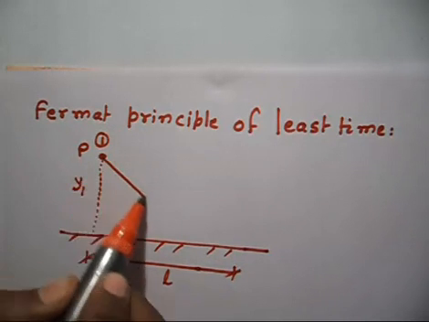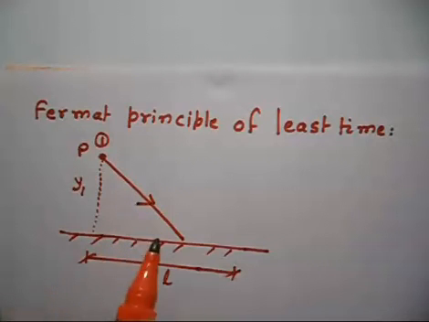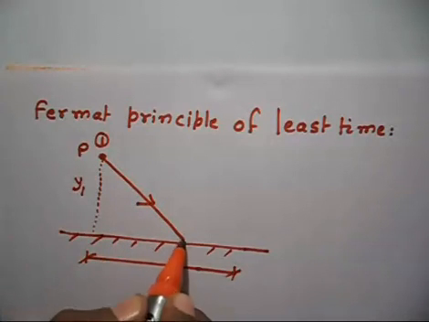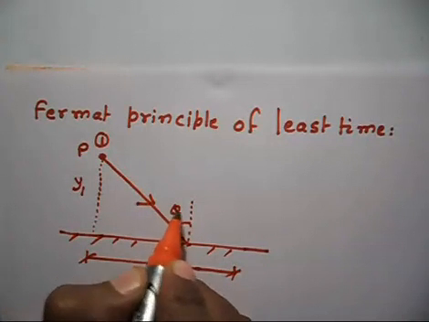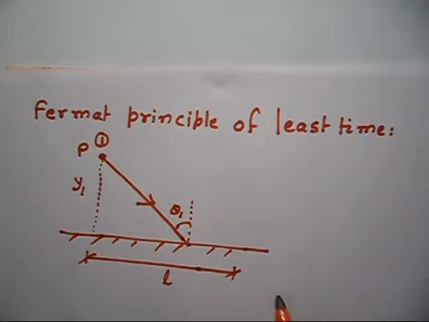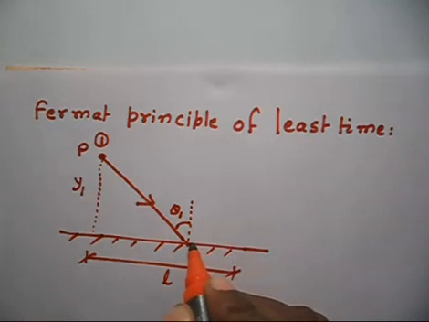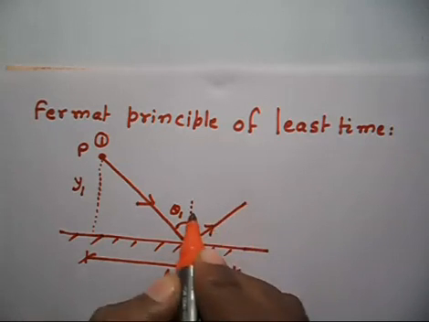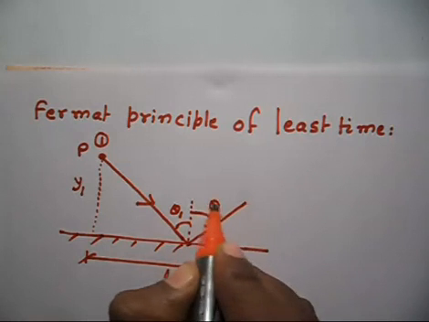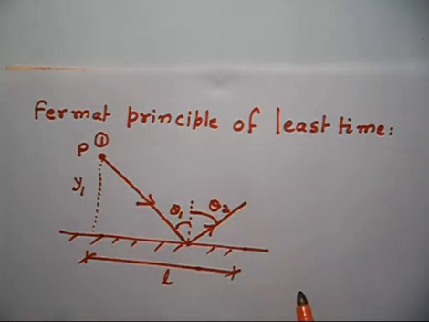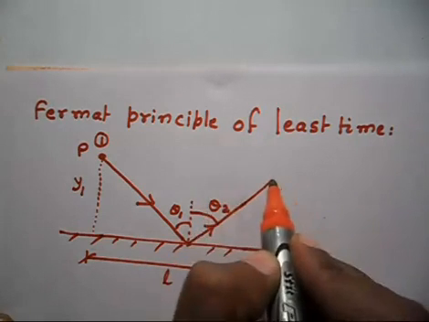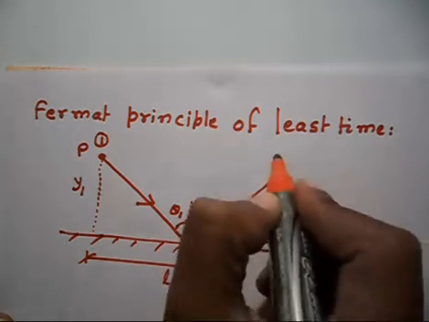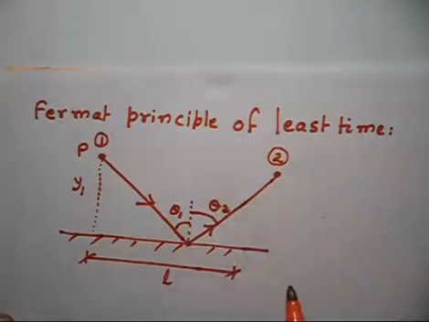Now a light ray comes here and meets this plane mirror at an angle of theta 1. Now this reflects at an angle of theta 2. There is a point 2, and it does not specify whether point 2 is in the same plane as point 1, so in the proof it is not required.